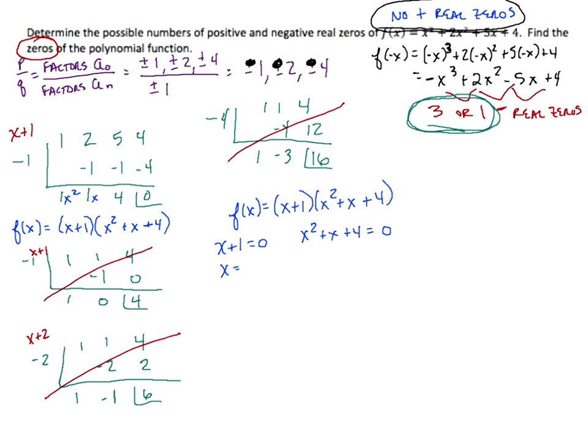And this gives me -1 is one of my zeros. I'm going to use the quadratic formula to finish this off.